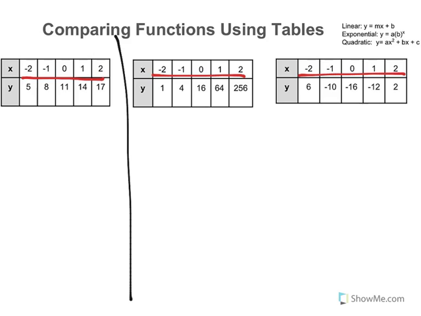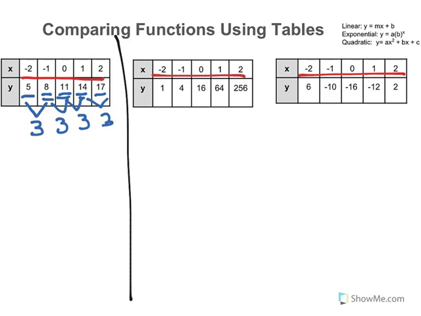That tells me I'm talking about a linear function, and I know that with a linear function I can take any term and subtract the previous term to get my common difference. So 8 minus 5 is 3, 11 minus 8 is 3, 14 minus 11 is 3, and 17 minus 14 is 3. So my constant rate of change is positive 3.